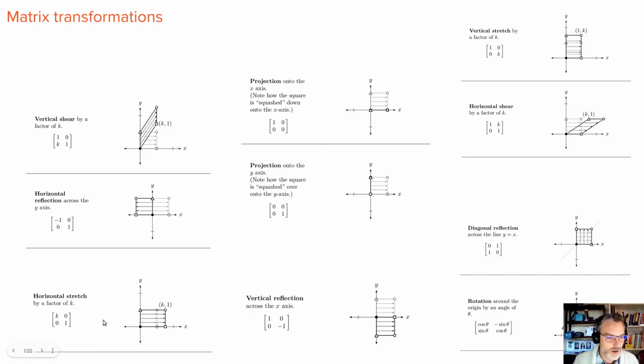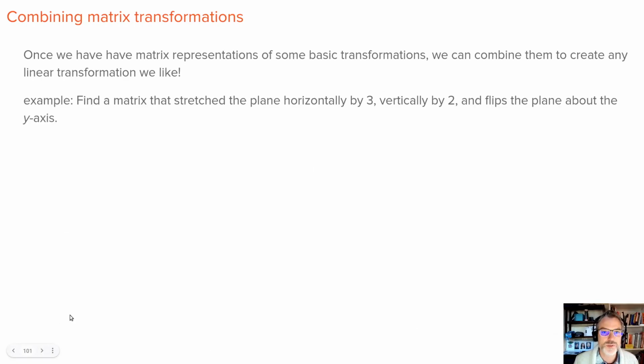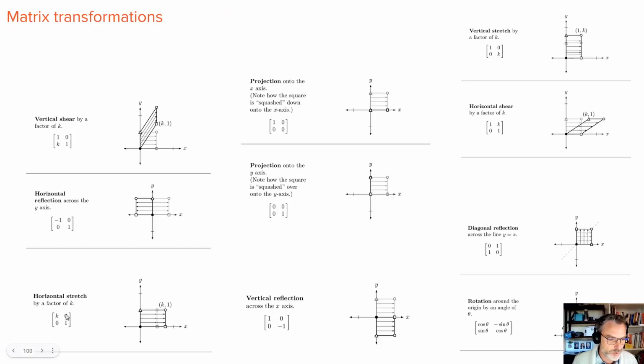We see that a horizontal stretch is going to be this value here. So if we're looking for a horizontal stretch, we should perhaps have a 3 in this position. Now for a vertical stretch, we see it's a number here. So we should put a 2 there in this case.